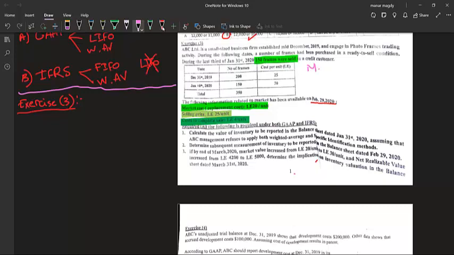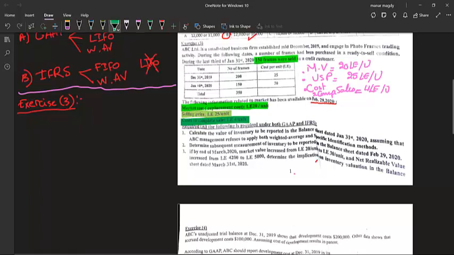The market value for the units equals 20 LE per unit, the unit selling price equals 25 LE per unit, and the cost to complete sales equals 4 LE per unit. Okay, the required.